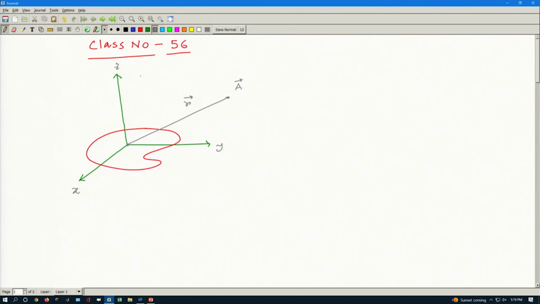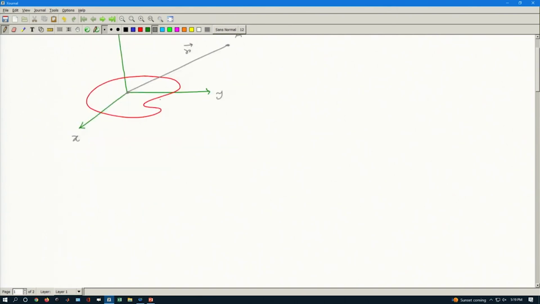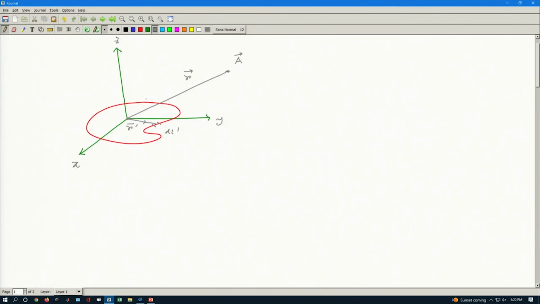Then actually we expanded. If I have a small section here, say dl prime, where this is r prime, then from here to here it was our curl r vector, which is r minus r prime.